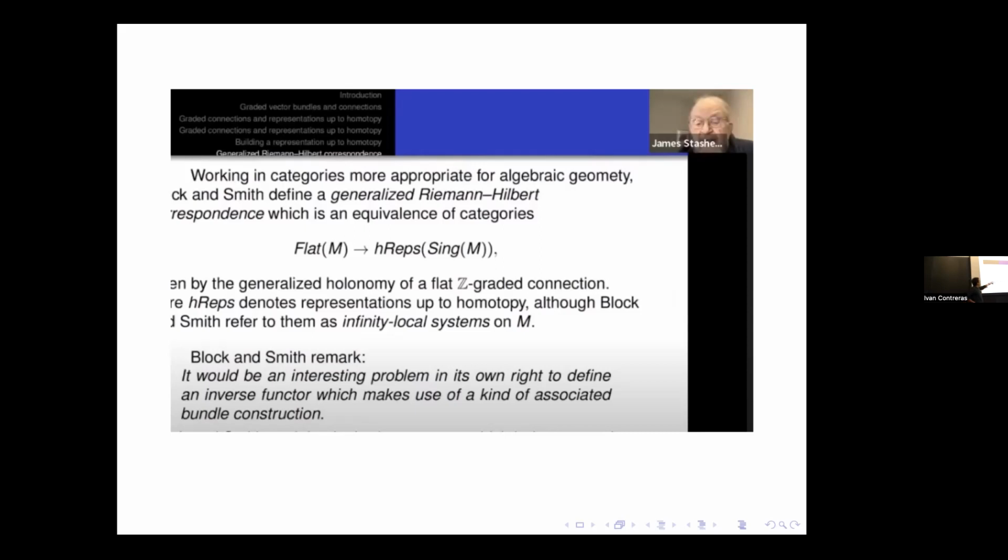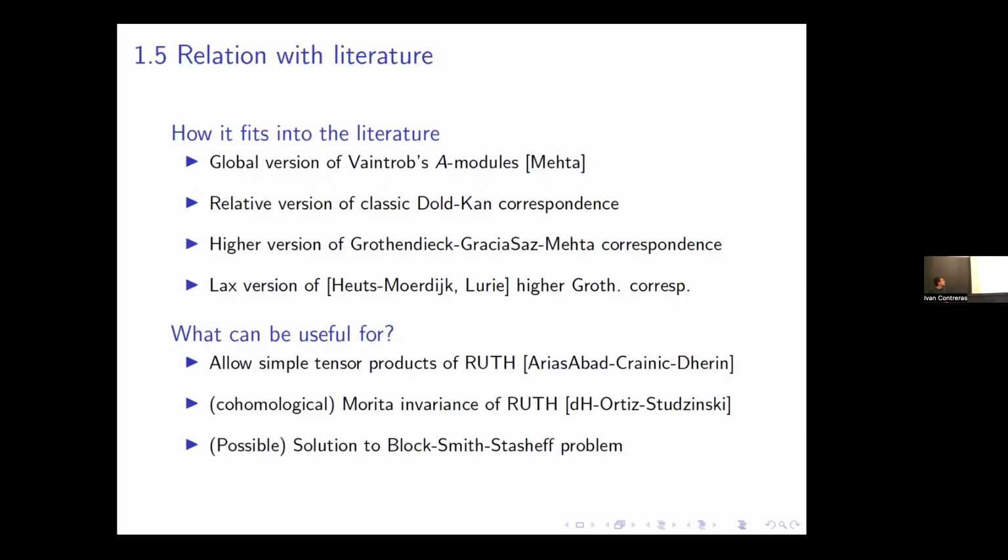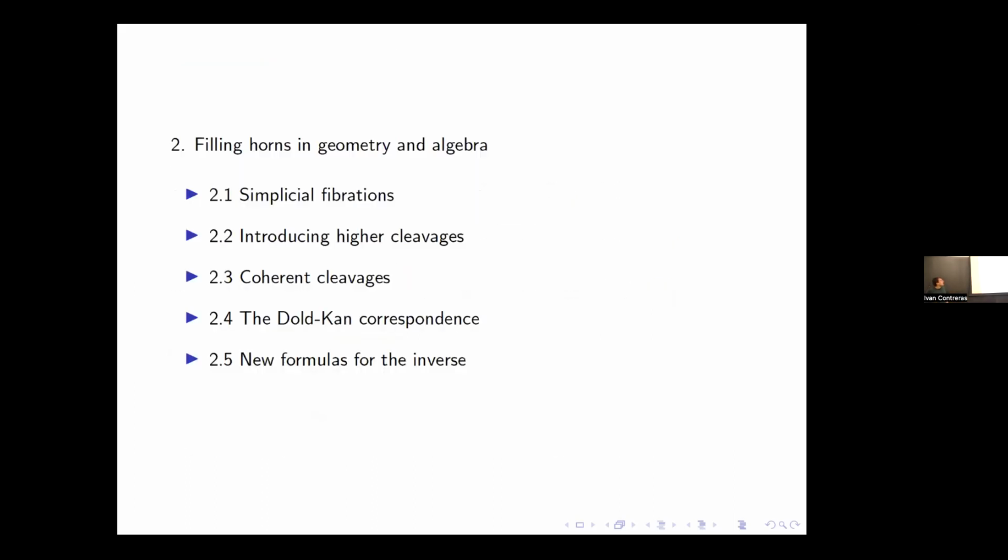So he was thinking, if you start with what Abad and Crainic called a local system, but it's a representation up to homotopy, how to build a global object over there? Well, we have a solution, just that things are a bit different. Here it is an infinity groupoid, but you don't have smoothness, so it's just mutatis mutandis. I think you can adapt and possibly get a solution to that problem.